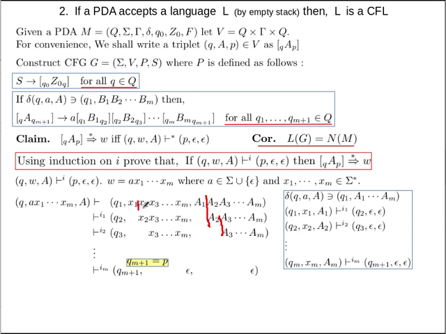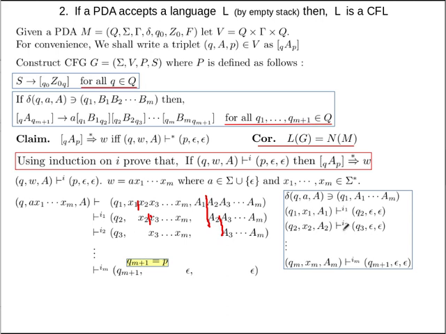So all that is happening is it is consuming these input symbols which are contained in X1, and it is consuming this A1, and it is going to Q2. And similarly here, it is consuming this X2, and it is consuming this A2, and it is going to Q3.